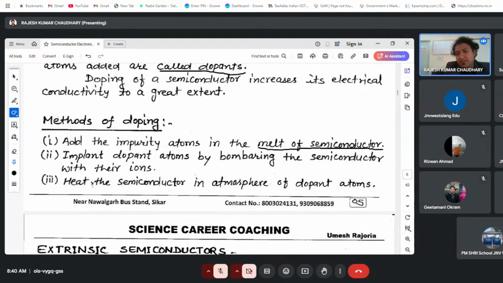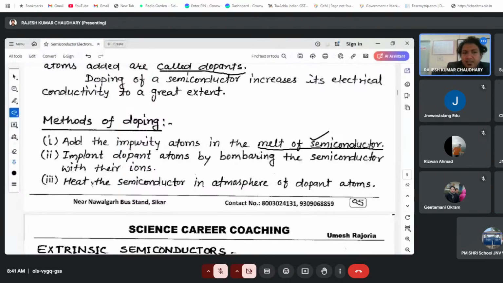We have many kinds of devices using which we can add dopants to the intrinsic semiconductor. First you have to melt the intrinsic semiconductor and then add the desirable impurity. That impurity is not a high amount, it is around 1 part per million.